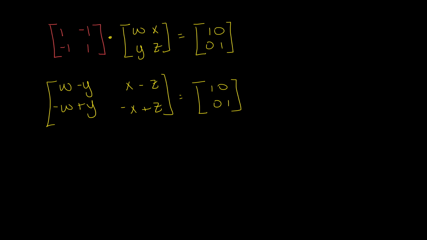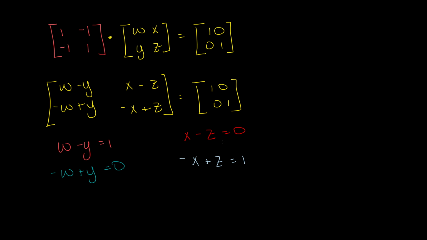Okay, now I'm going to set each term equal to its respective value. So W minus Y equals 1. Then -W plus Y equals 0. We have X minus Z equals 0. And then we will have -X plus Z equal to 1. Next we solve for our terms.